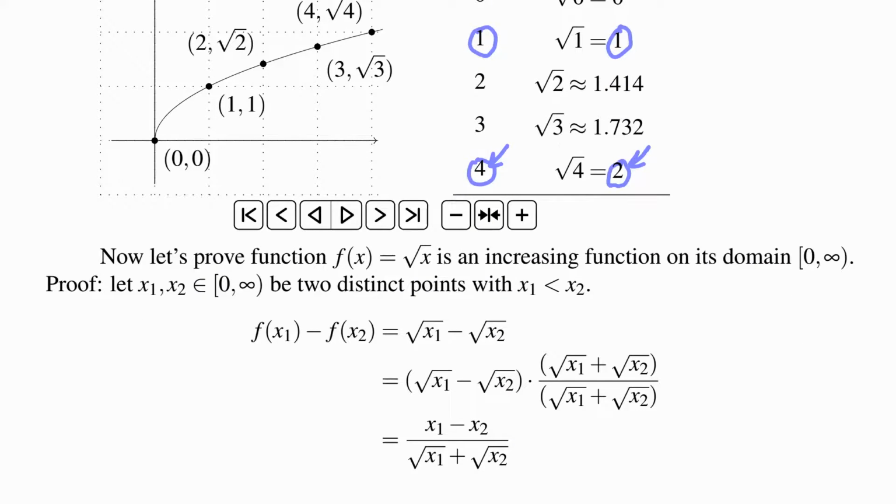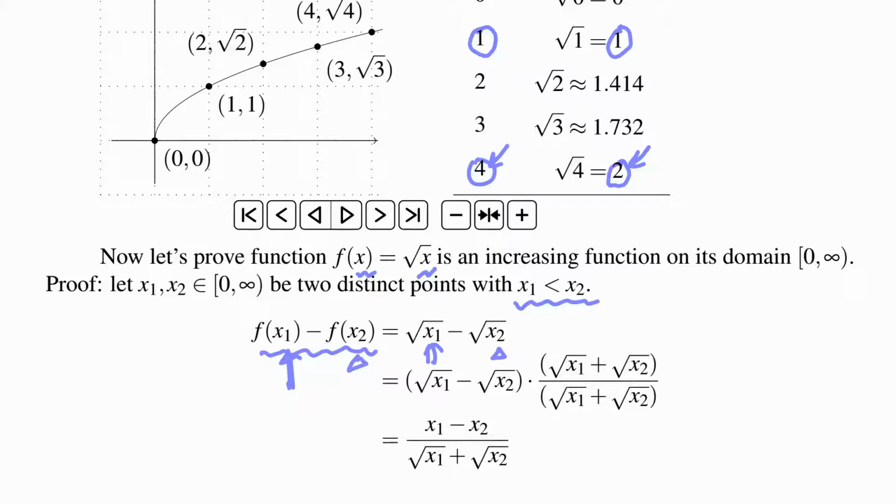And here is the general proof. We choose x1 less than x2 and try to calculate f of x1 minus f of x2. Here f of x1 is radical x1, and f of x2 is radical x2.